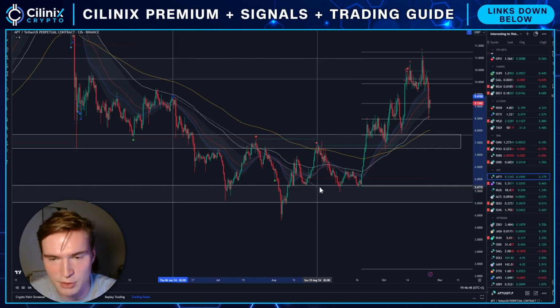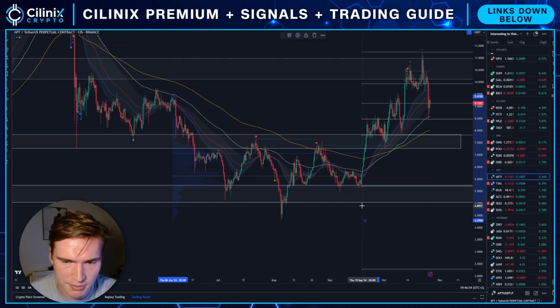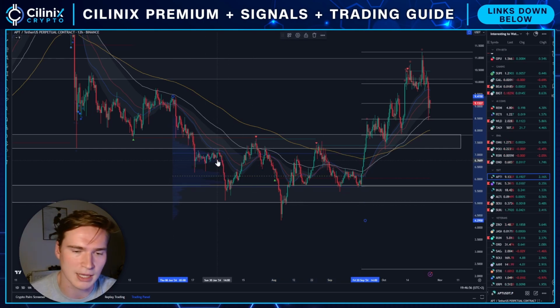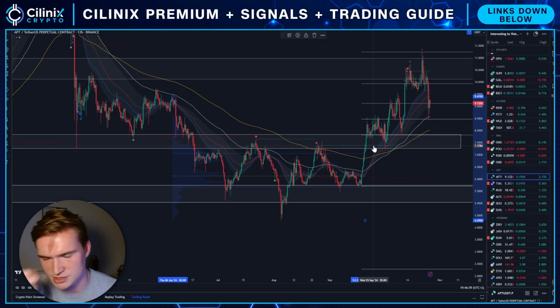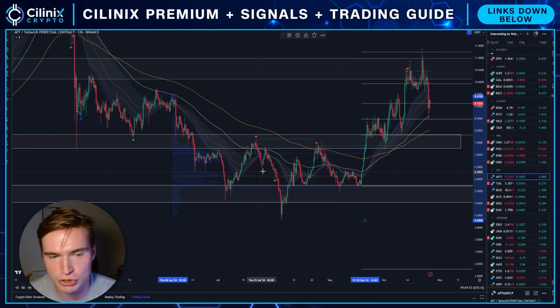So you can see the range in time for which you want to see the volume profile, and then you set it up, and then you can see different lines on there, and we'll talk about what those lines mean. But getting back to the definition, basically it's an advanced charting indicator that displays trading activity over a specified time period at specified price levels. All right, and then the time period I just showed you.